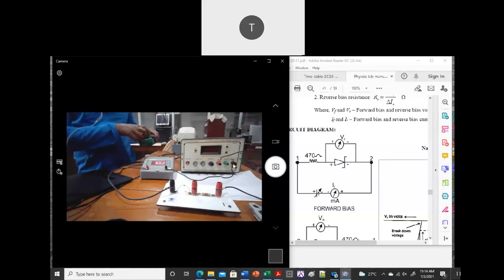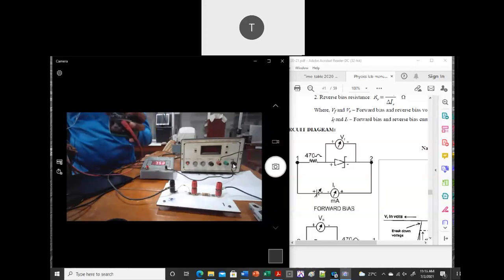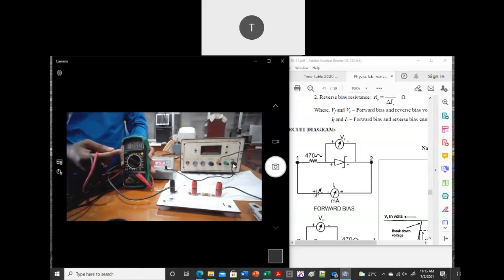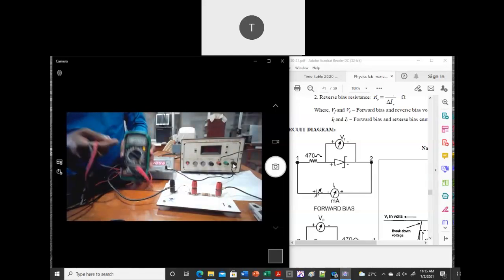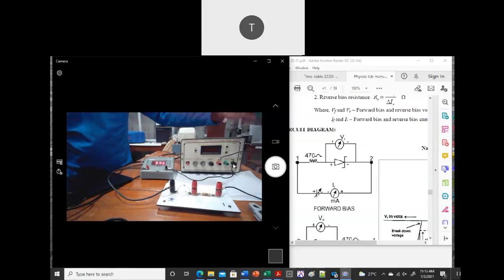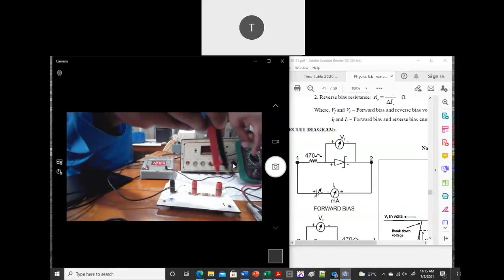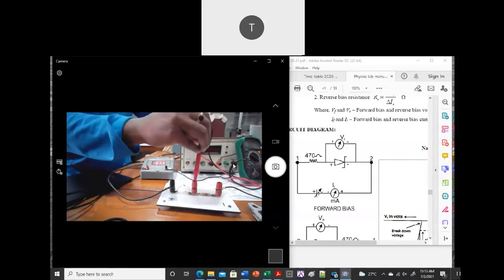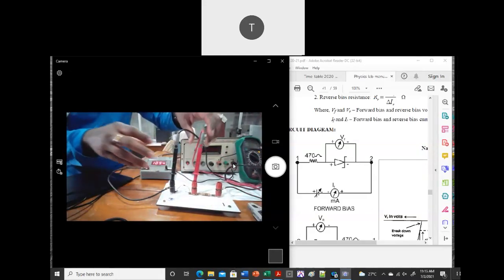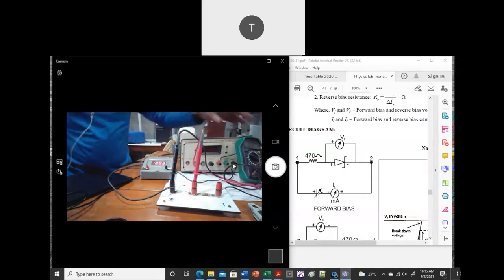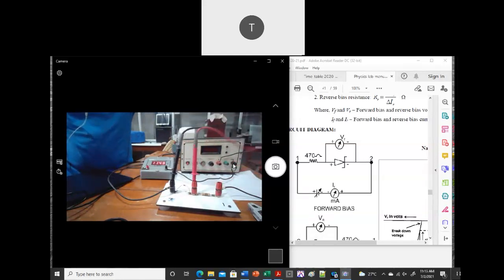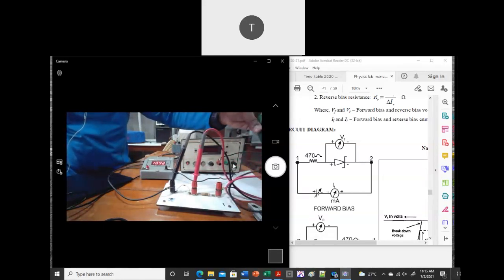And then you will have your voltmeter. The voltmeter is by using your multimeter. I'm keeping this multimeter in 20 V range, and what I will do is keep it across your Zener diode. Your positive is coming to the left, so it has to go to the left, and then negative will be on the right. So this would be the connection for your Zener diode.